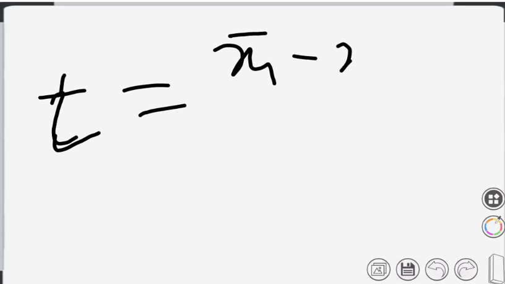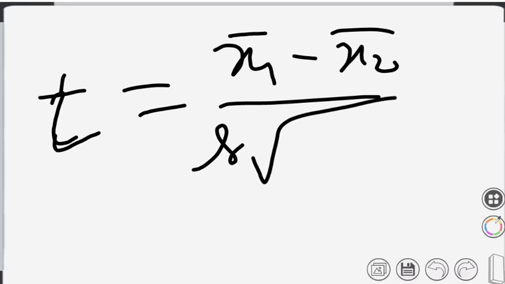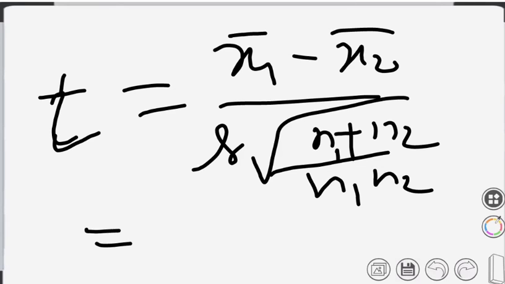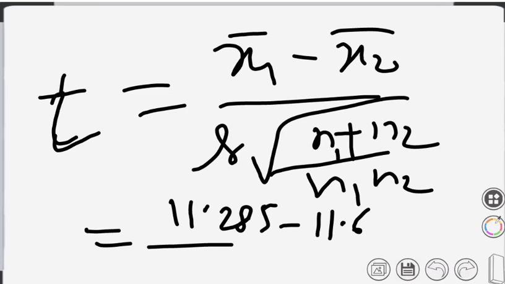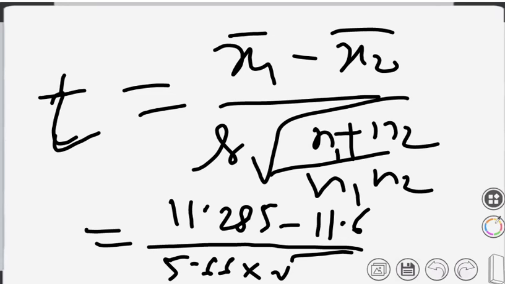So what is the formula for Z? Sorry, not Z but T. Right? This will be T. T is x1 bar minus x2 bar by S into root over n1 plus n2 by n1 n2. So x1 bar was how much? 11.285, and minus that 11.6. And what S value did we just get? 5.66, into n1 plus n2, 7 and 5 is 12, 12 by 7 times 5 is 35.